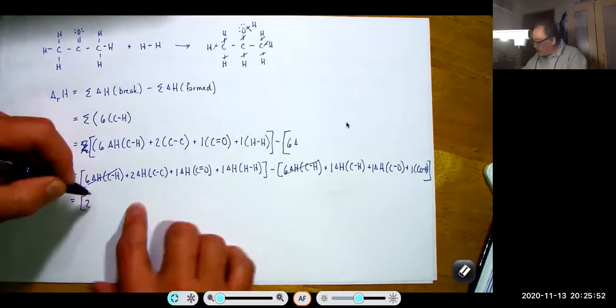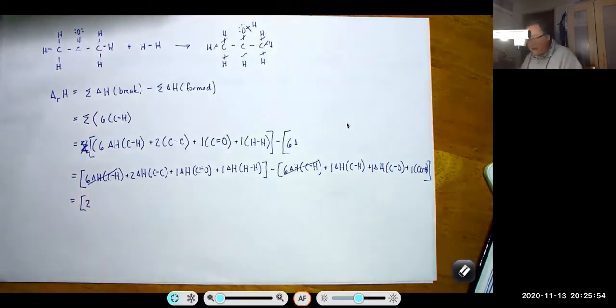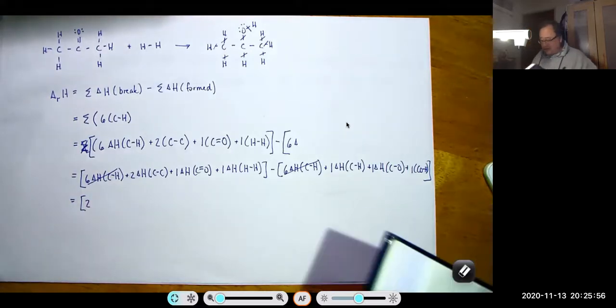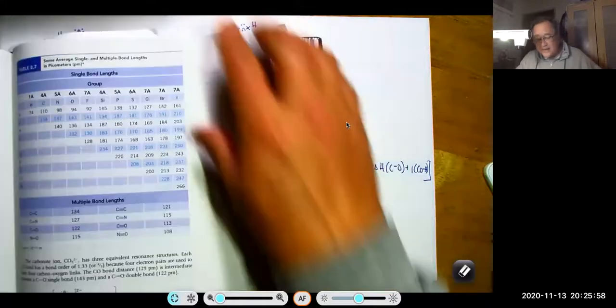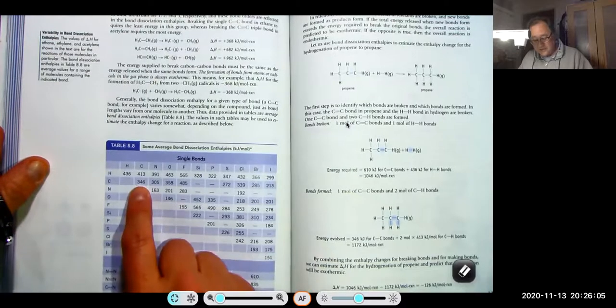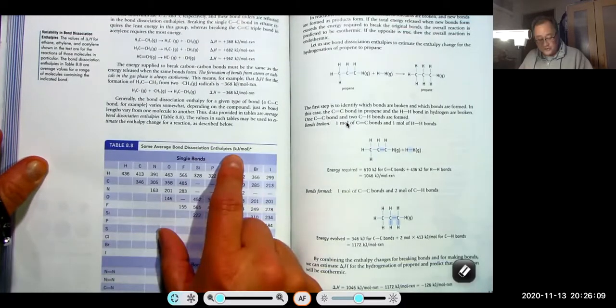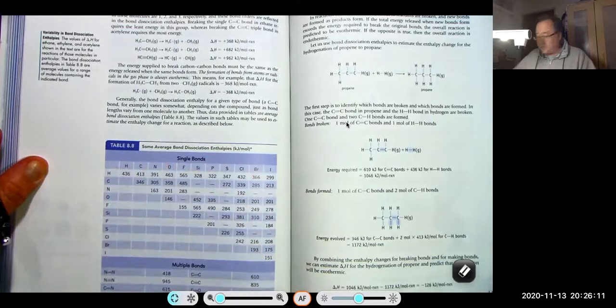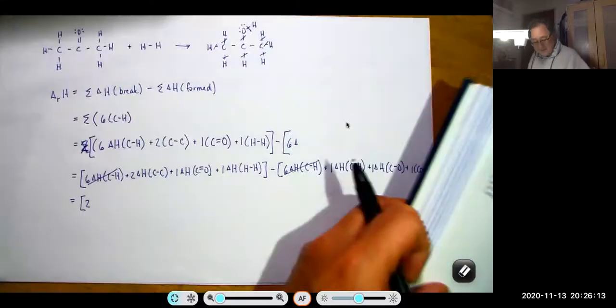So here's what they're going to be. Let's look at a carbon-carbon single bond. Now, I'll give you this table. You don't need to memorize it. We want to look at the energy to break a carbon-carbon single bond. So here's the energy, 346 kilojoules per mole. So this is the table you look at. I'm going to put that off to the side, and I'm going to write the values down.